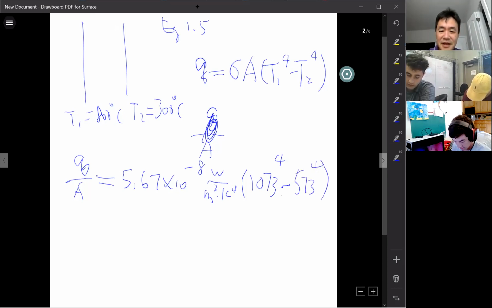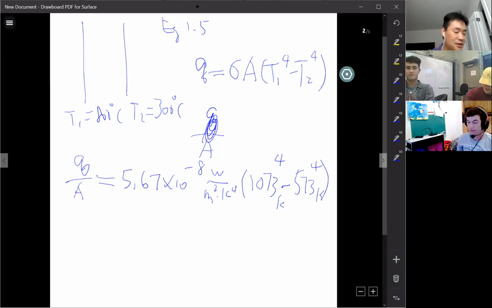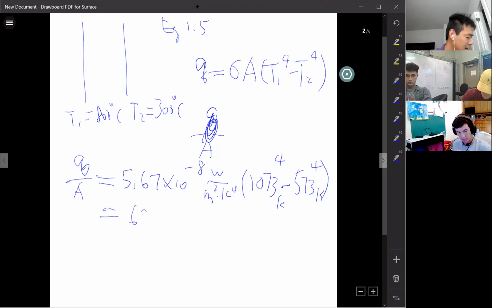The Stefan-Boltzmann coefficient's unit has K to the power of 4 in the denominator, so the Kelvin can cancel. Then the unit becomes watt per meter square for Q divided by A. So the result is 69030 watt per meter square.